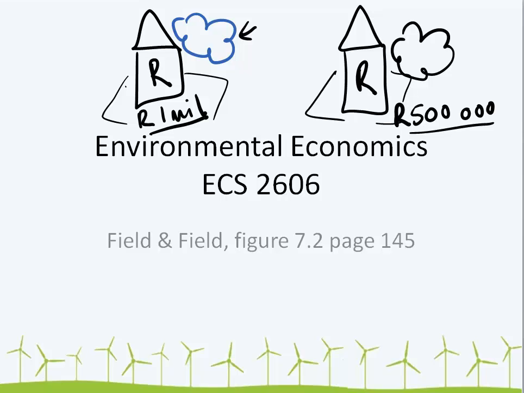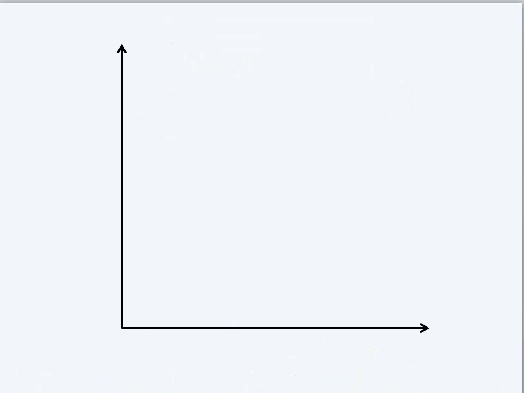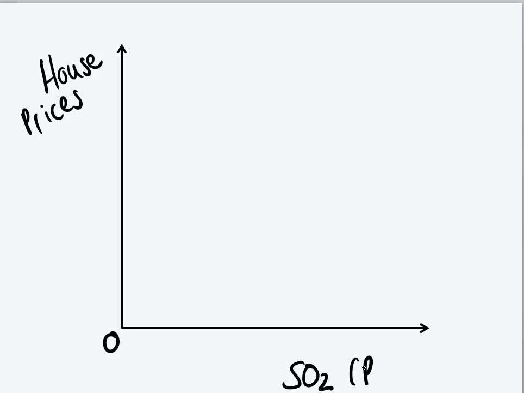So let's have a look at exactly this example on a graph. On the y-axis I'm going to write house prices. Show the origin as zero, and on the x-axis I'm going to write sulfur dioxide, SO2, or you can just write pollution.